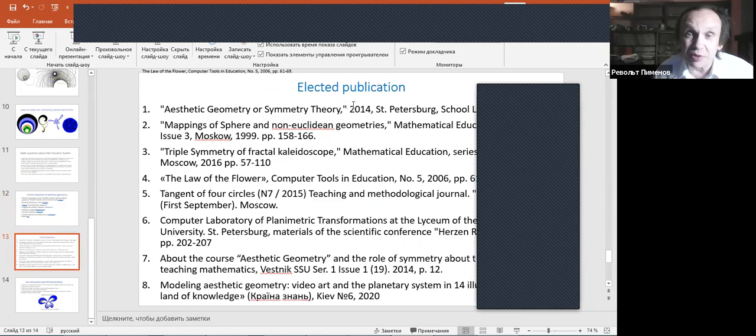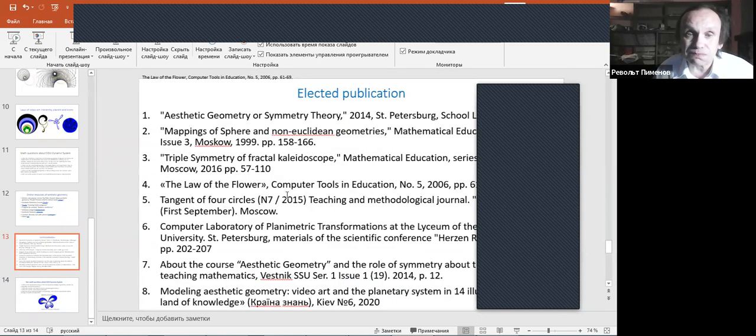And this is the publication about this item, one book and some articles in magazines. The last article was in a magazine in Kiev 2 years ago.